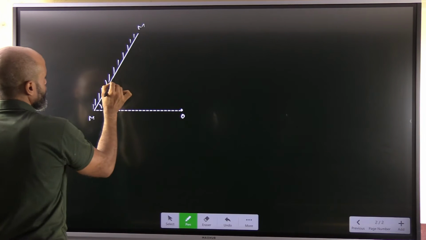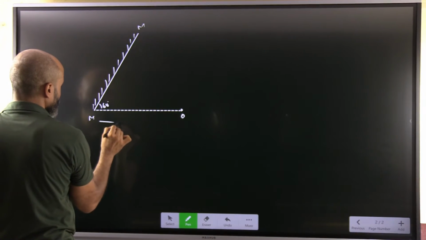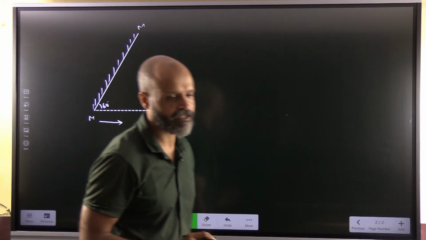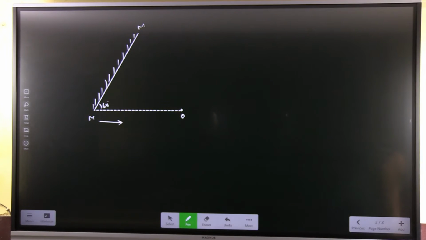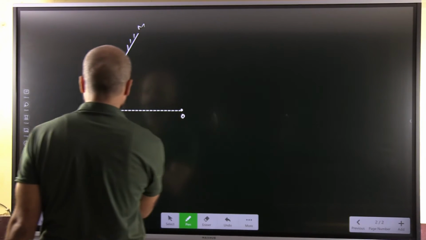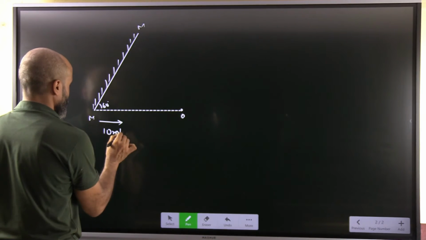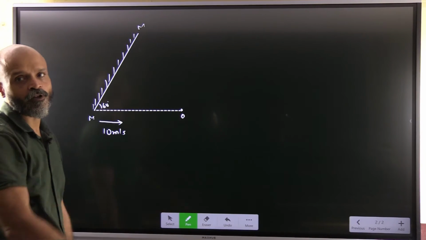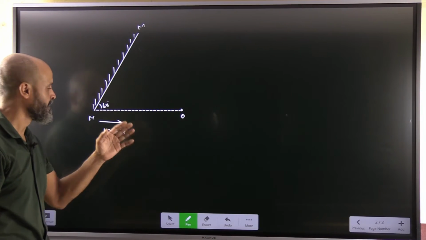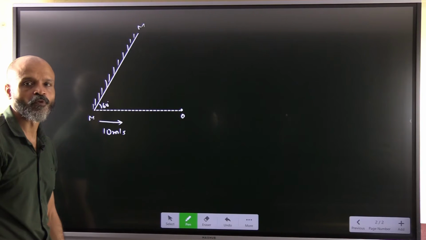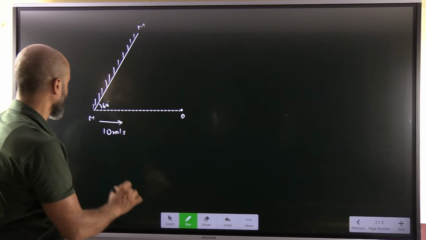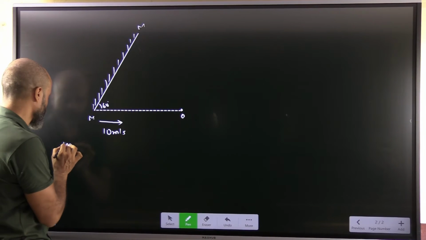This mirror is moving. Let's say the velocity of the mirror is 10 meter per second, and that's how the mirror is moving. So we have to basically calculate the image velocity.